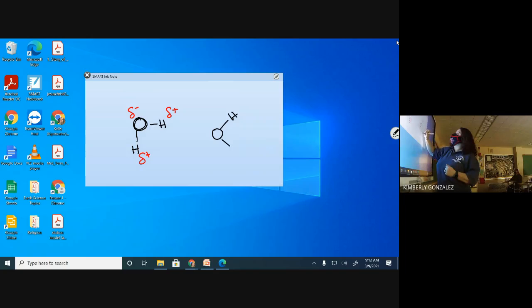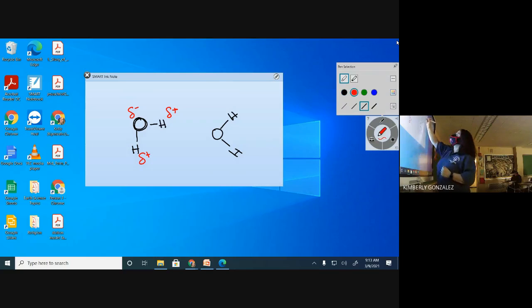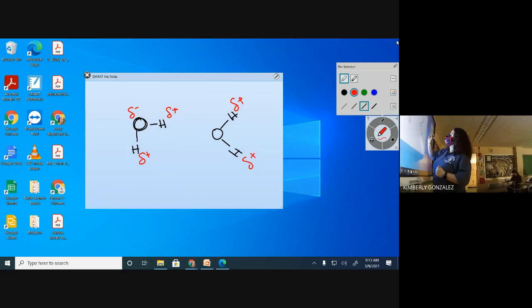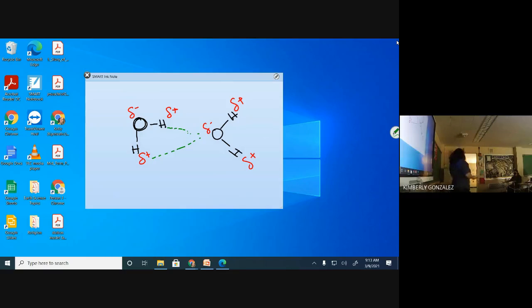If I add another water molecule in here, because of course you are not going to have just one, there's always going to be an attraction between positives and negatives. That's that intermolecular force of attraction that I was telling you guys about.